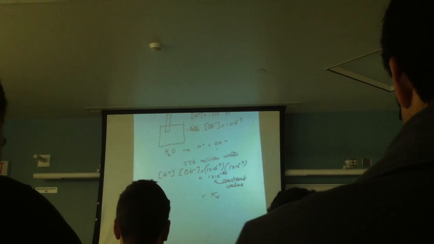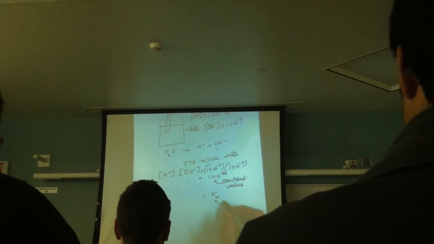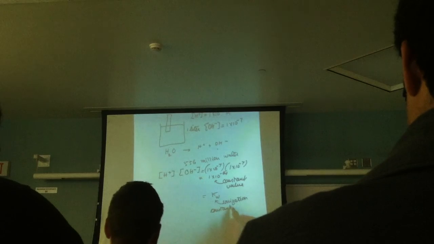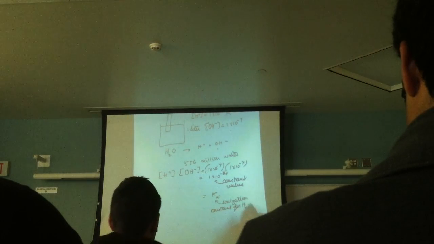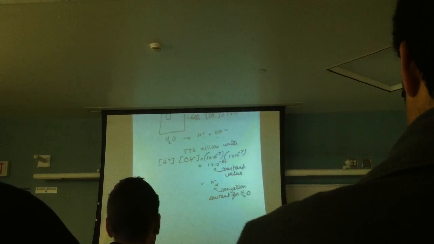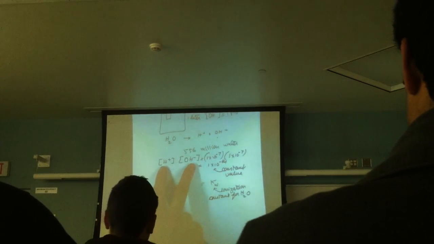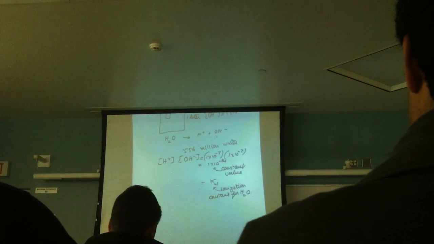It is a constant value. We call it the ionization constant for water. It's a constant. Watch this now. If you multiply them, you get a constant value.